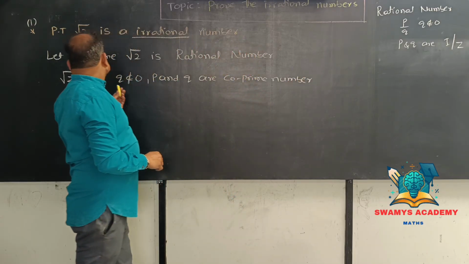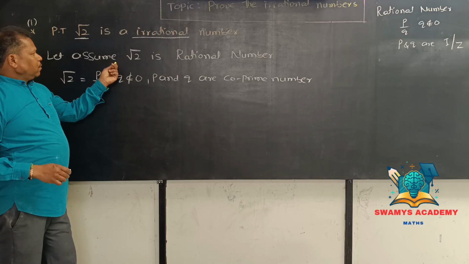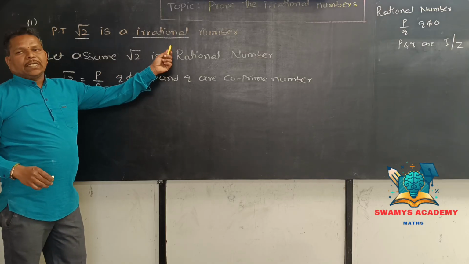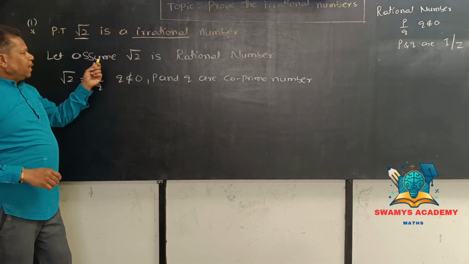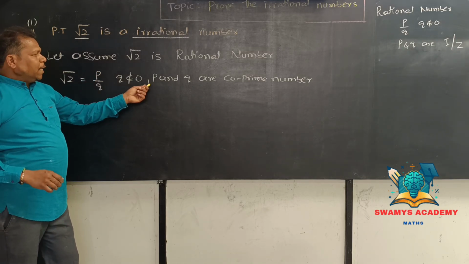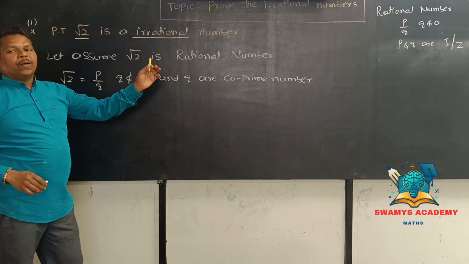So once again, let's assume that square root of 2 is a rational number. How do we write it? P by q, q is not equal to 0, and p and q are co-prime numbers.